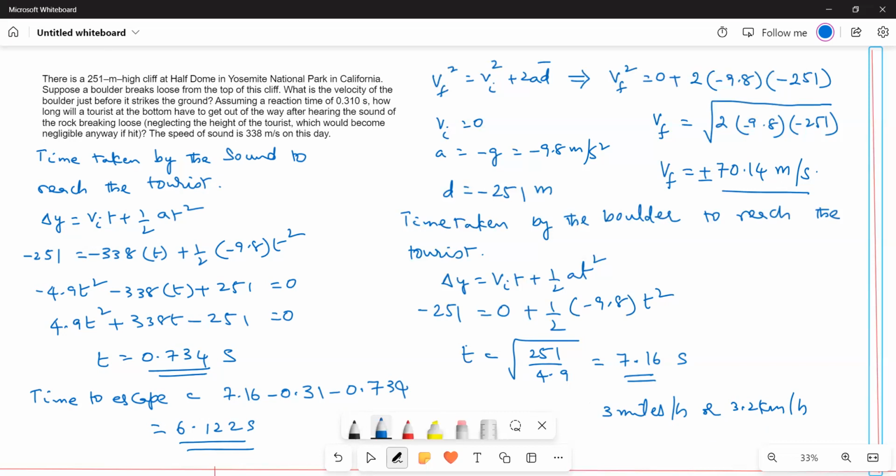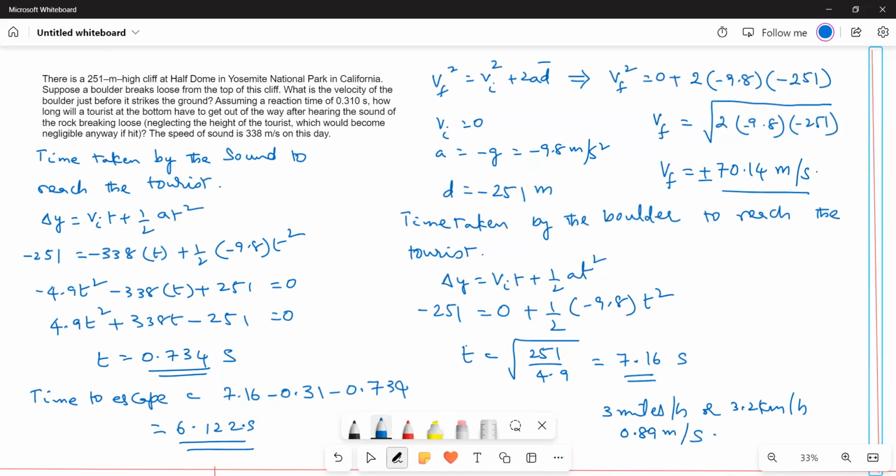Convert this into meters per second. Okay, 3.2 kilometers per hour into 5 by 18 gives 0.89 meters per second. He will walk.